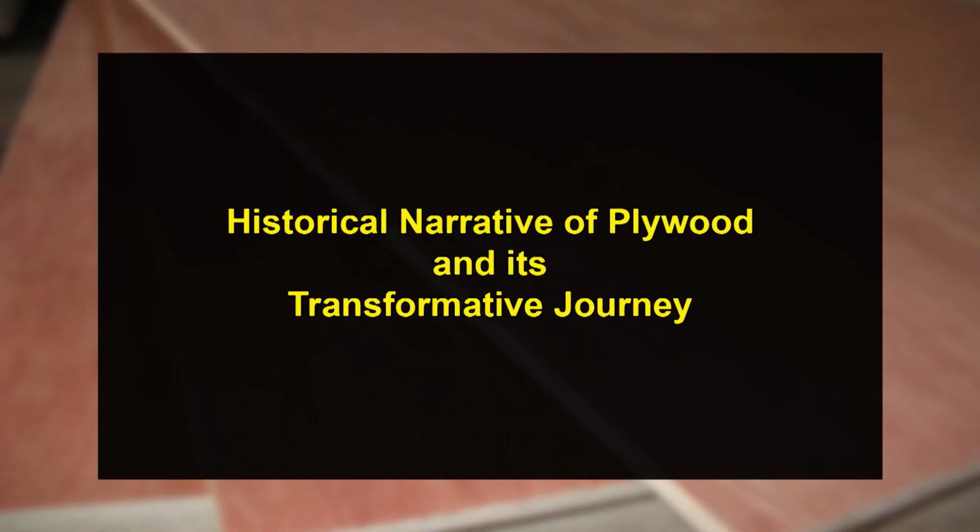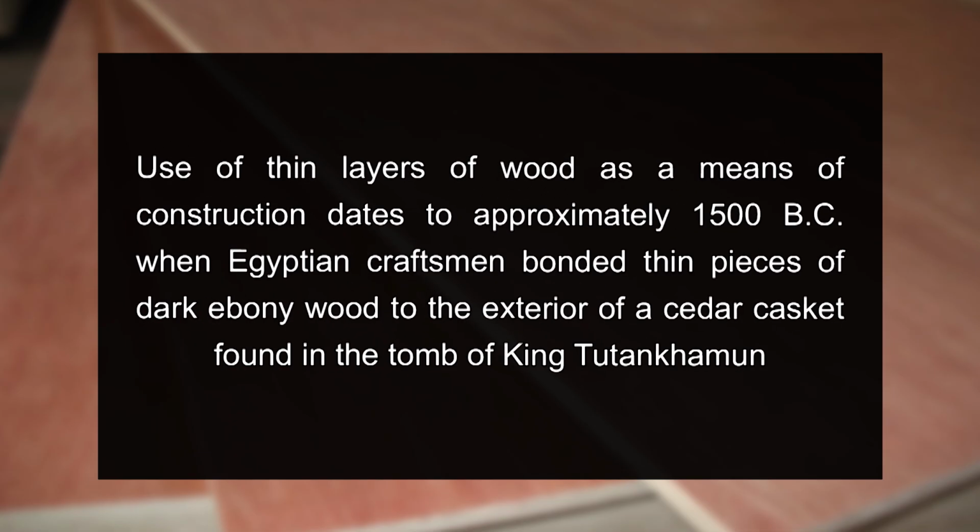Let's now explore the historical narrative of plywood and its transformative journey through time. The use of thin layers of wood as a means of construction dates back approximately 1500 BC, when Egyptian craftsmen bonded thin pieces of dark ebony wood to the exterior of a cedar casket found in the tomb of King Tutankhamun.